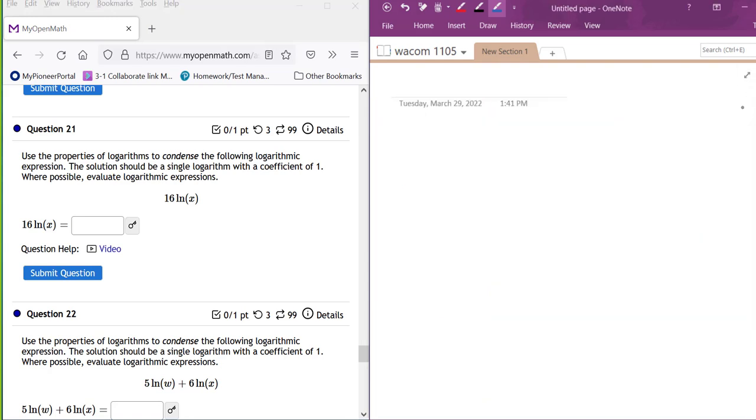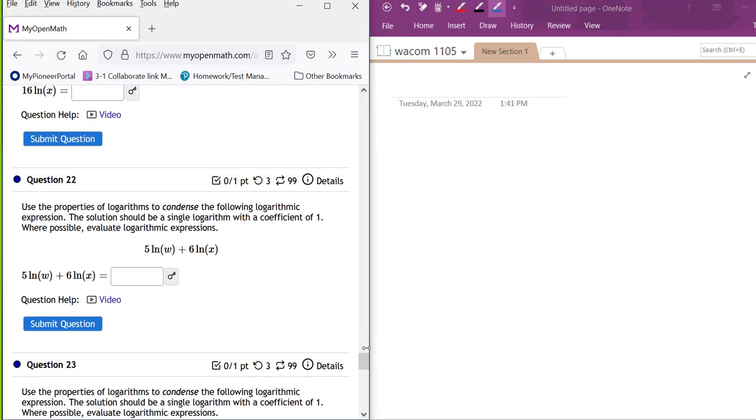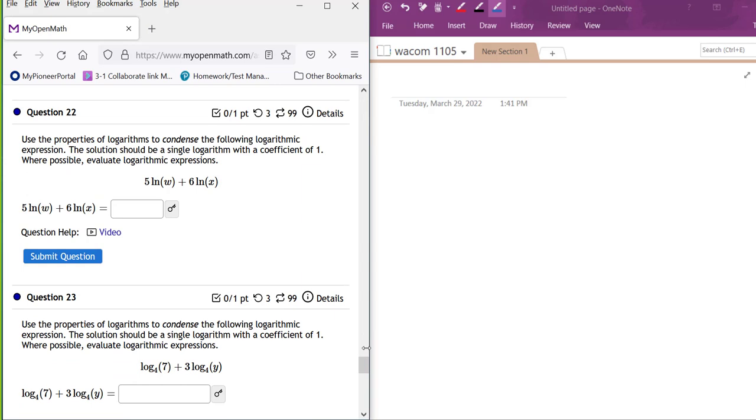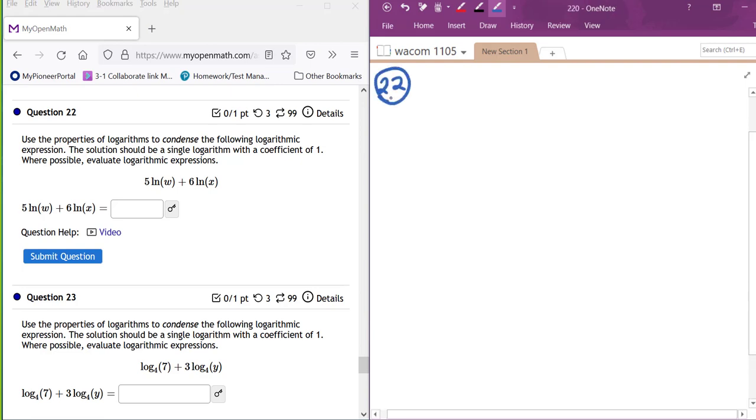Right. And I skipped then to 22. This one is a piece of cake. The 16 just goes back up. And this one, you're just going to put the exponents back on, and then it's going to be a product because it's plus here.